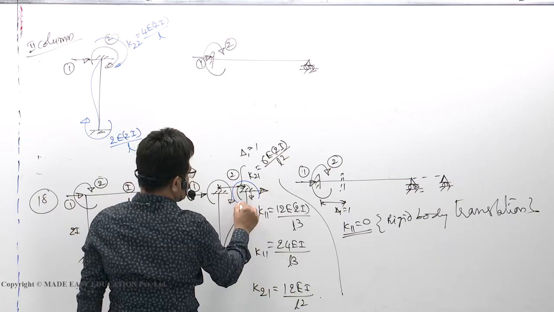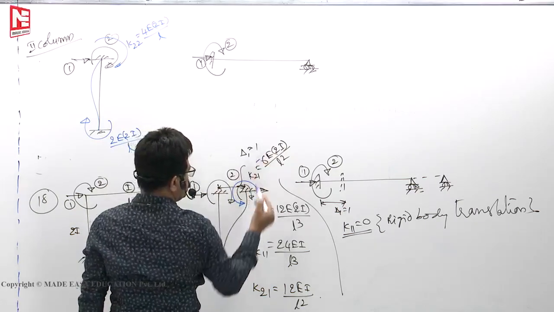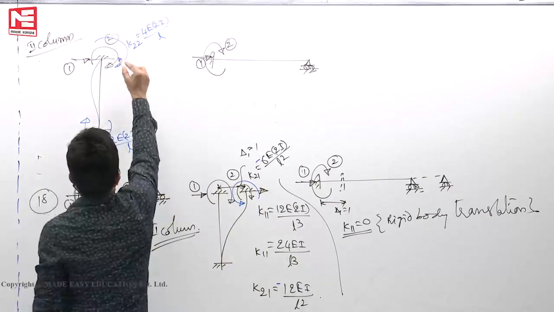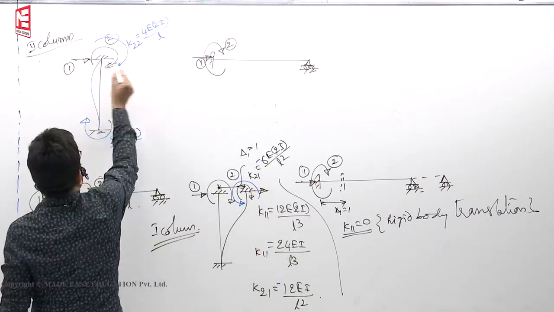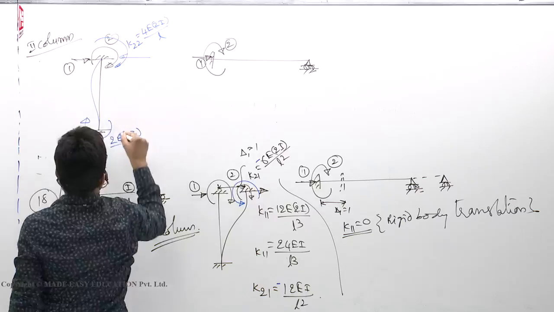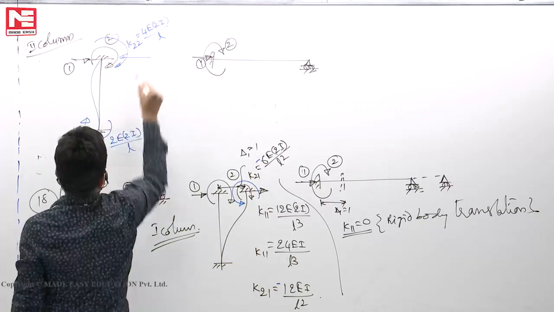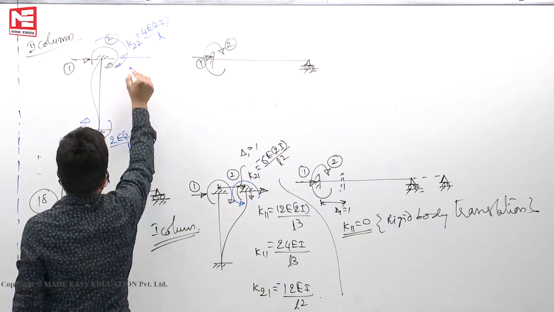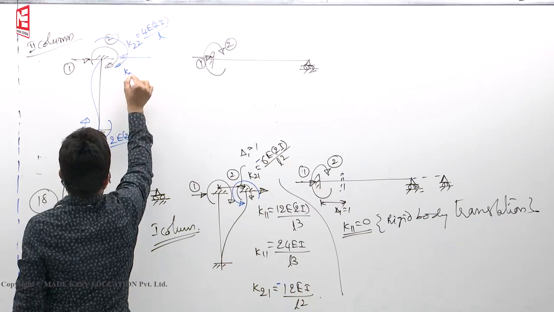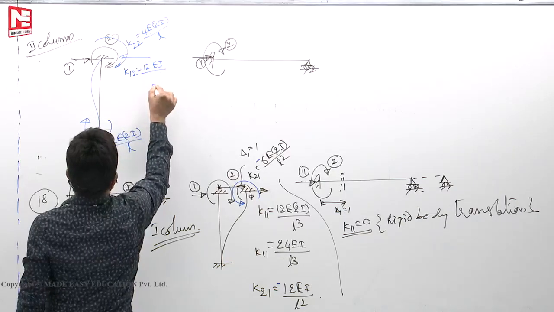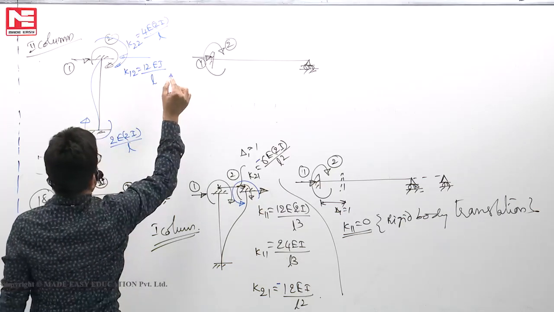Moment is like this, so minus should be there: minus 12EI by L square. Here also both of them are clockwise, and 4 plus 6 plus 8, 8 plus 4, 12. So this is the force at 1 because of the displacement, 12EI by L square.